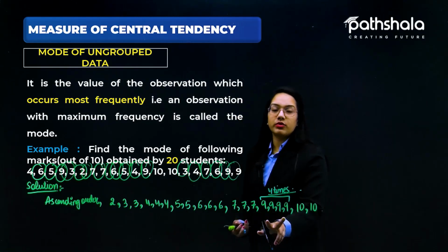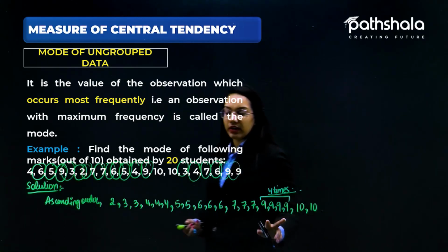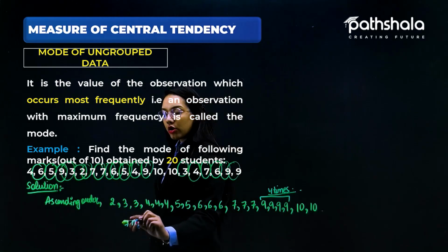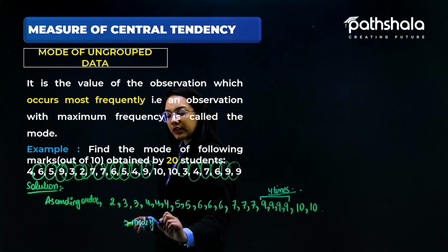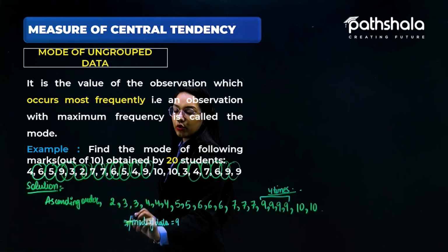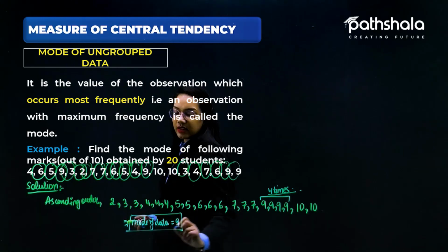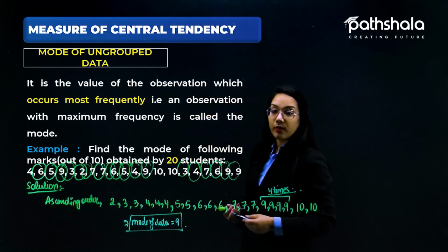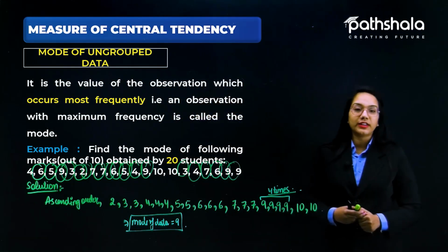So 9 is the one occurring most frequently. It implies that the mode of the data is equal to 9. So this is the way we can find the mode of the ungrouped data.